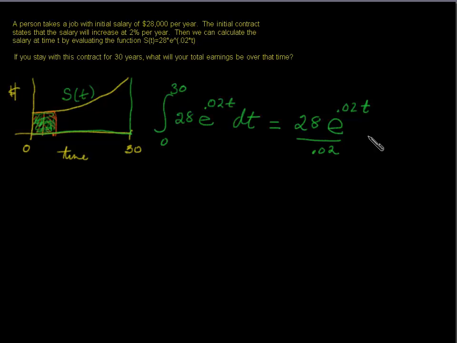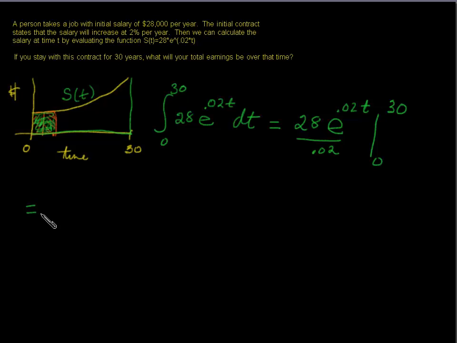That would be the antiderivative. I'm not going to add a constant because I'm just going to use the constant 0, since I know the definite integral will work just the same no matter which antiderivative I pick. I'll pick the easiest one, but I do have to evaluate this between 0 and 30 if I want the earnings over 30 years.